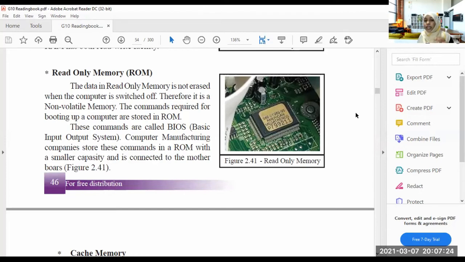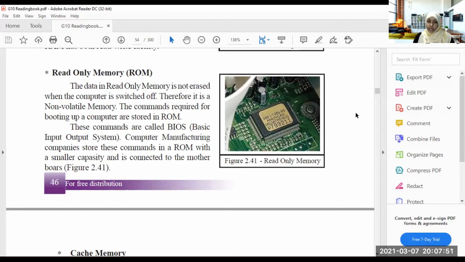Checking BIOS means they are checking the input and output devices in your computer, whether they work or not. For example, if your mouse is not working or your battery is not working in your laptop, a message will come, error in battery. That means your battery is dead, it is not working. So it checks the input and output devices in your computer.